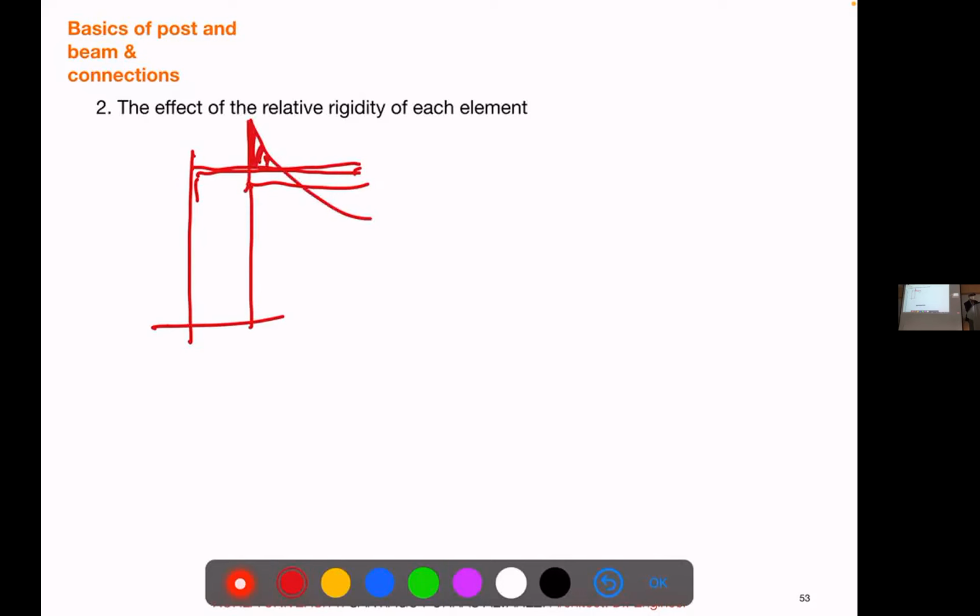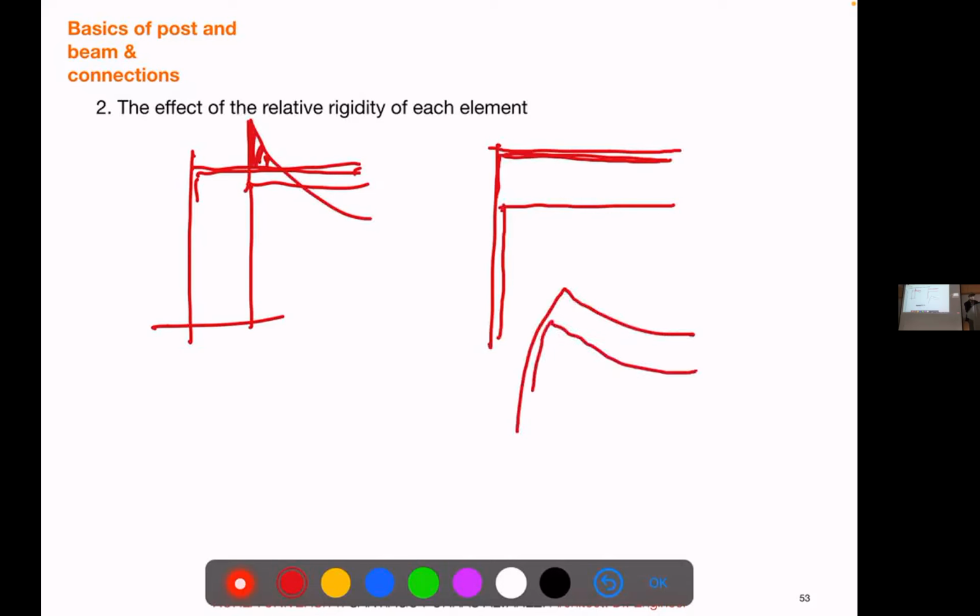But at the opposite, if you have a very thick beam with a very thin column, even though we put as much negative rebar as we want, this column will bend. So in reality, it will be almost like a hinge, right? So the relative rigidity of those elements has as much to do with it as the way we use the rebars.